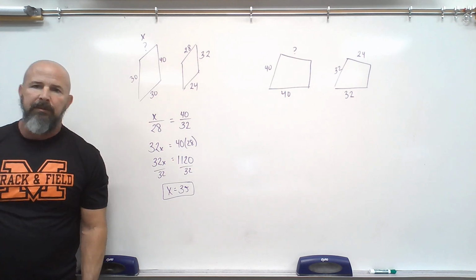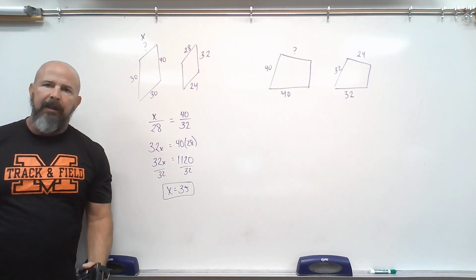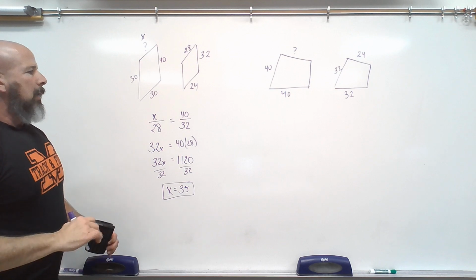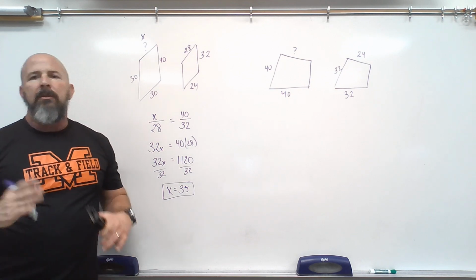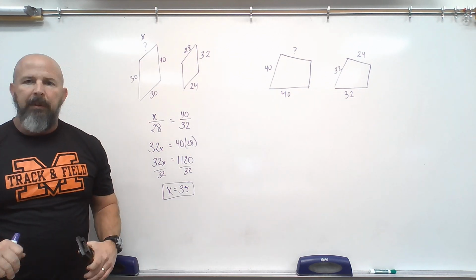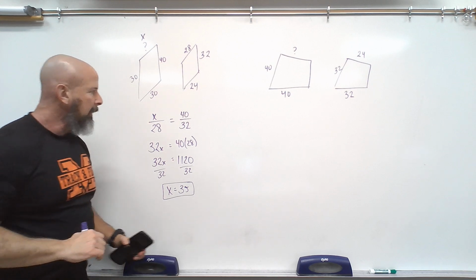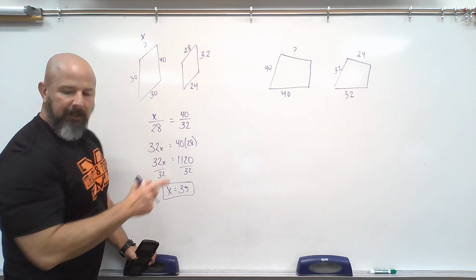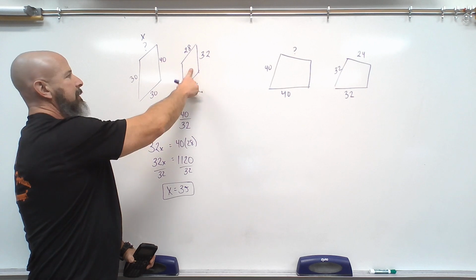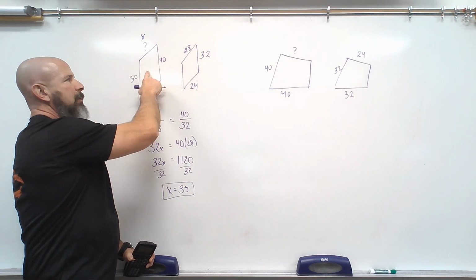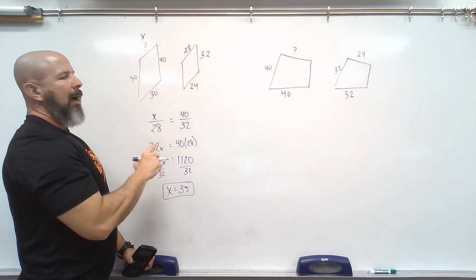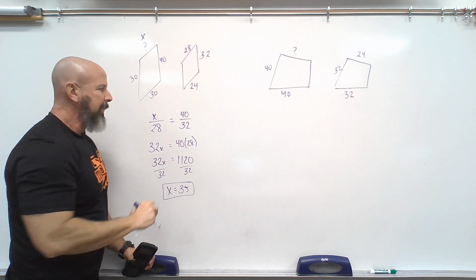Scale factor. We write scale factors smaller to larger. That's typically how we're writing them. So when I look at this, this is the smaller one, here's the larger one. I already have a known piece.